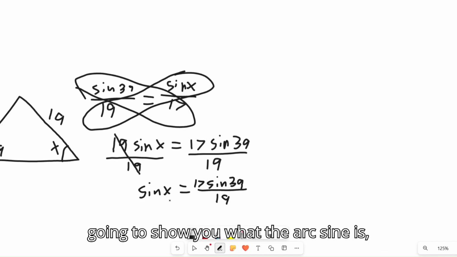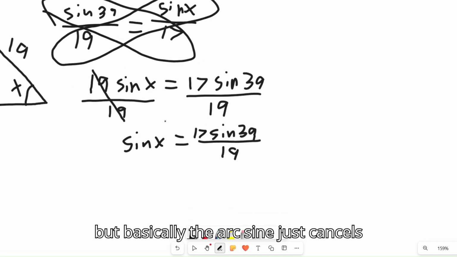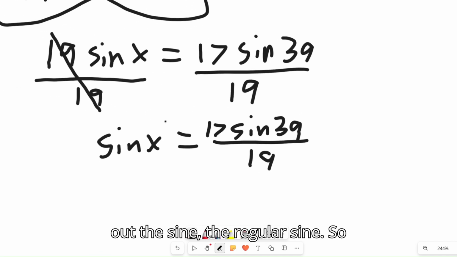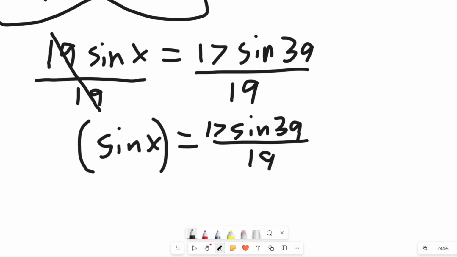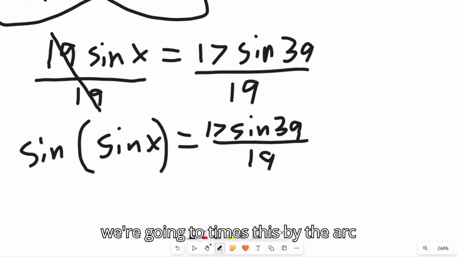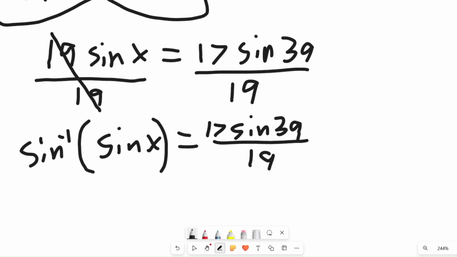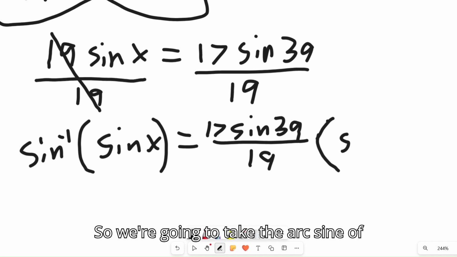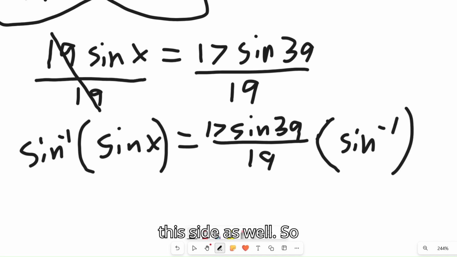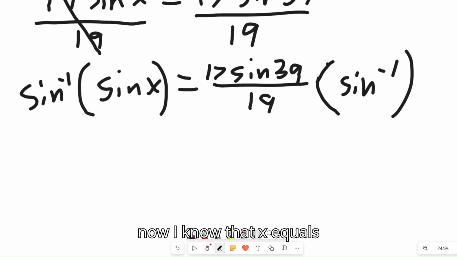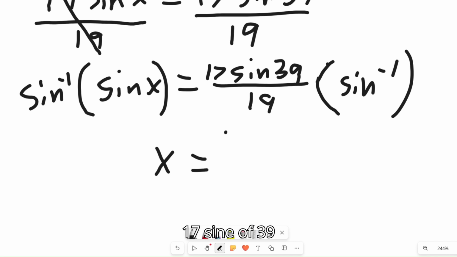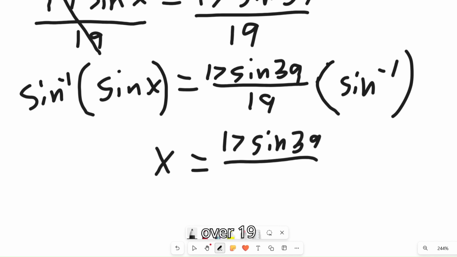The arc sine just cancels out the regular sine. What you do to one side, you have to do to the other. So we take the arc sine of this side as well. So now I know that x equals the arc sine of 17 sine of 39 over 19.